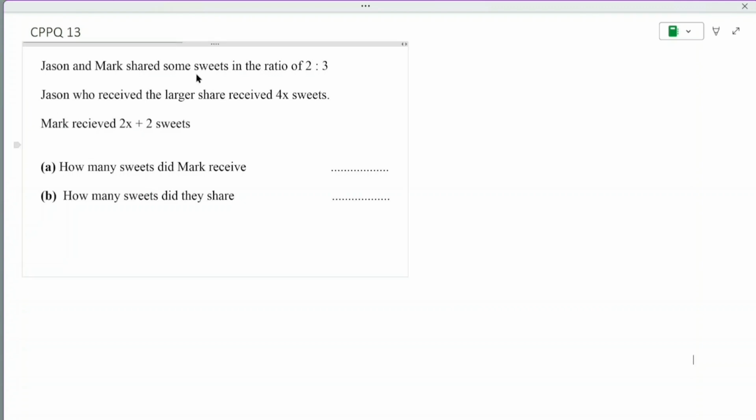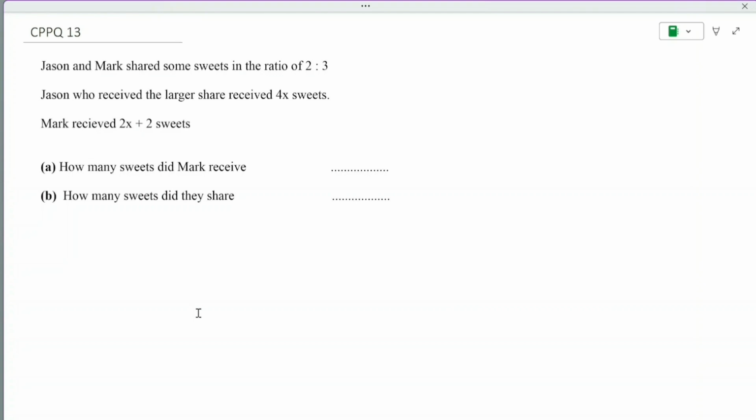Jason and Mark received some sweets in the ratio of 2 to 3. Jason, who receives the larger share, received 4x. Mark received 2x plus 2 sweets. So, the normal standard way of solving a ratio question is the ratio of a person over the total ratio times, in this case, the total number of sweets they shared, would equal the number of sweets the person got.